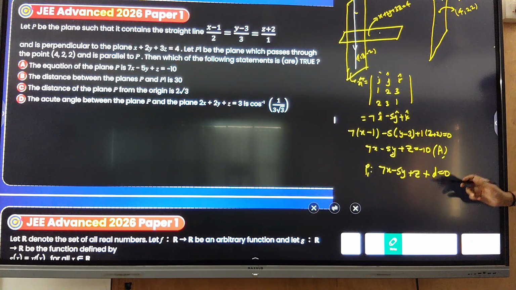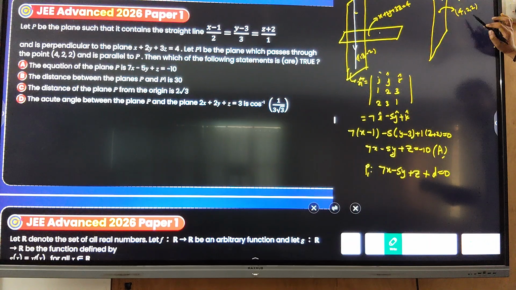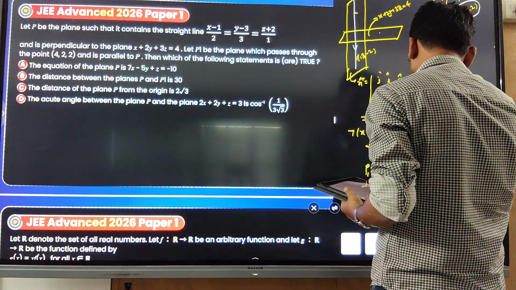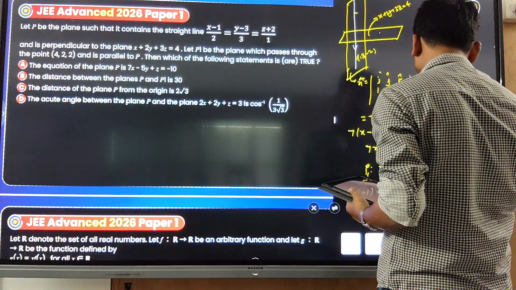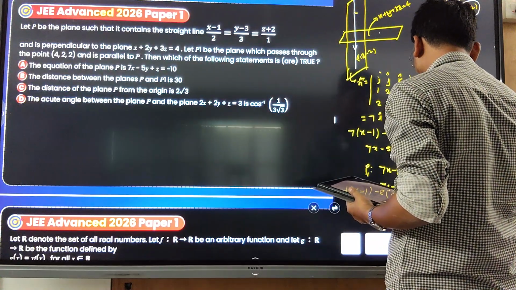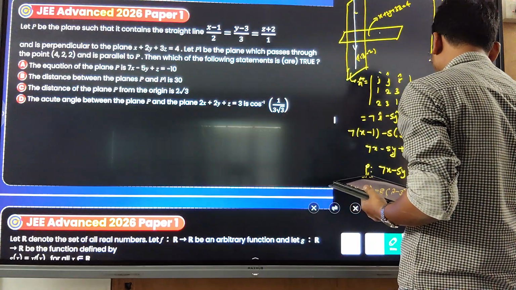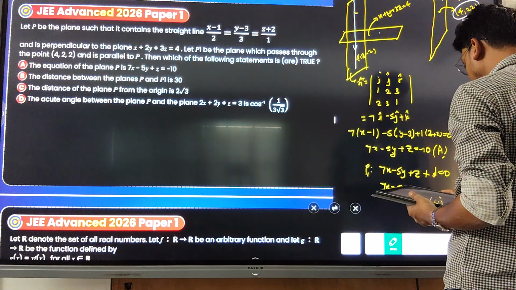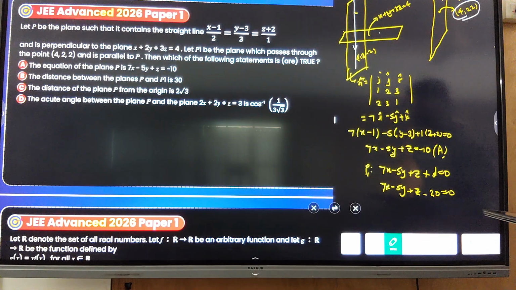And for finding the value of this d, they mention that this plane P1 passes through (4, 2, 2). So finally we get the value of d and we can write the equation of this plane P1 as 7x minus 5y plus z minus 20 equal to 0.